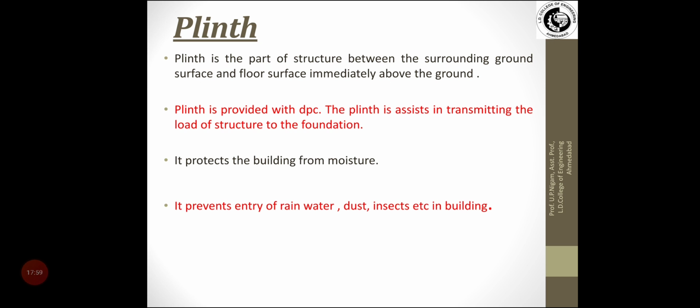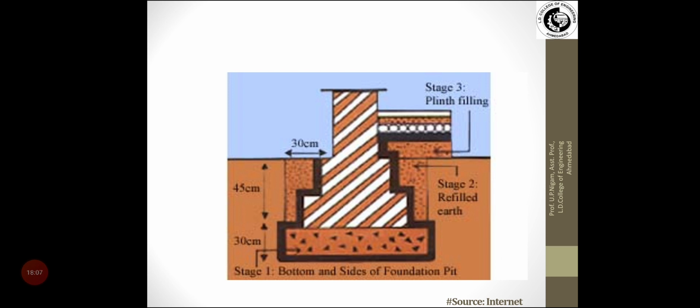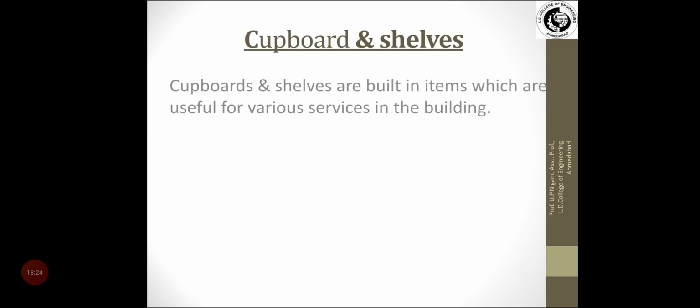It protects the building from moisture. It prevents entry of rainwater, dust, insects, etc. into the building. So this particular type of plinth filling is there. You can see the foundation pit. Above it some coating is provided, and at the top the plinth stage 3. So that is the plinth filling.